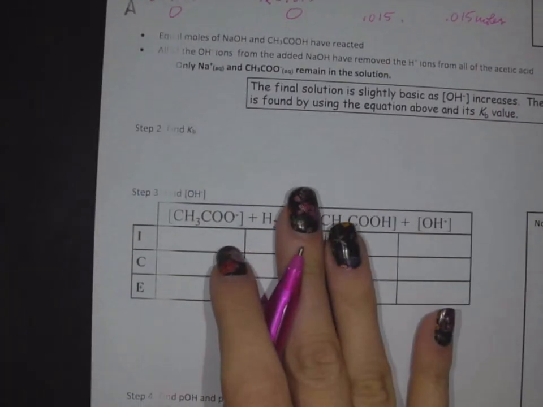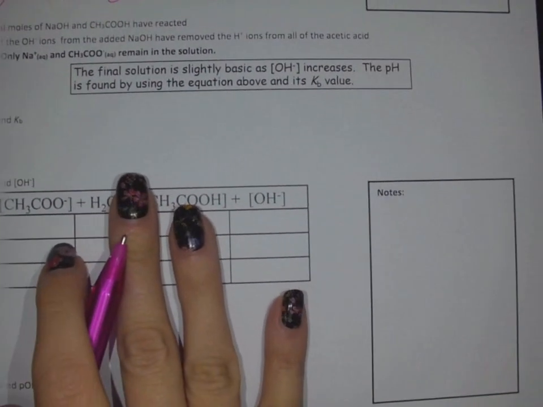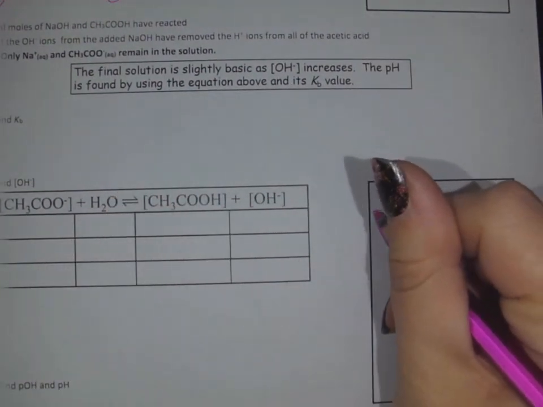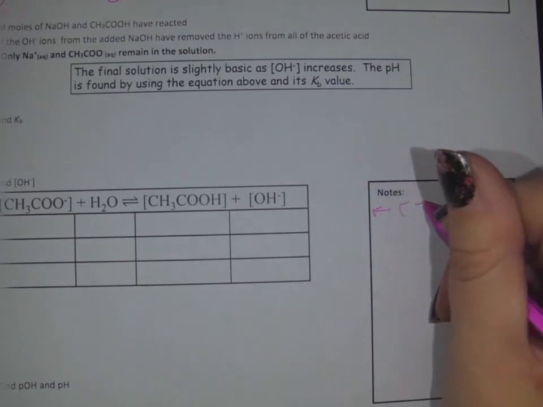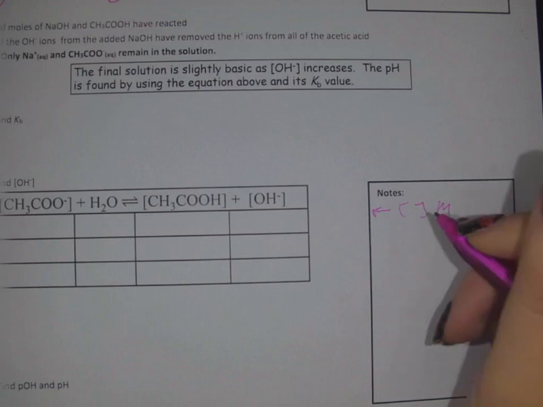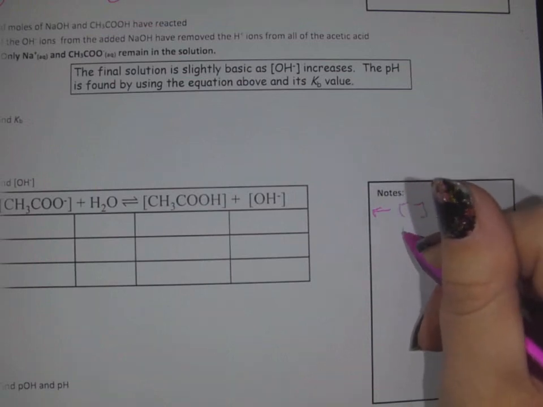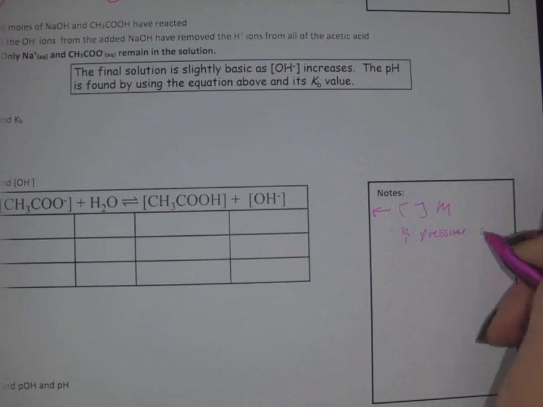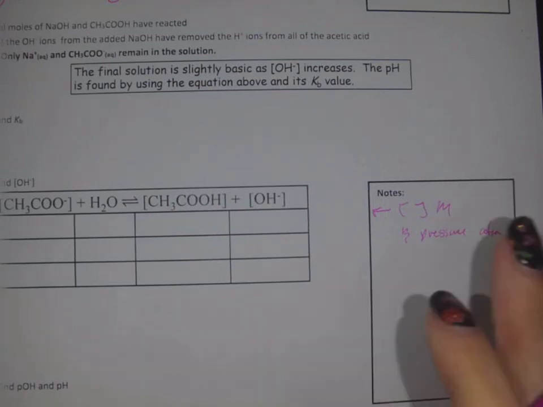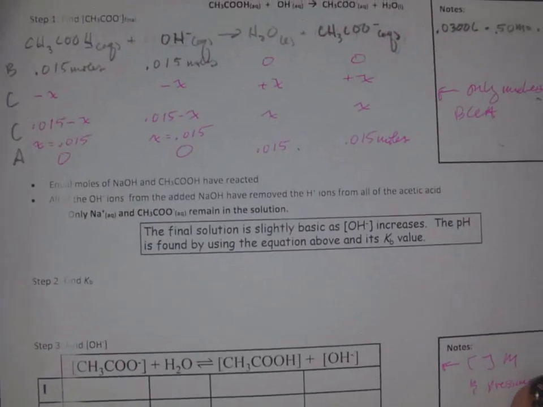Here in a little bit, we're going to do an ICE table, and in ICE tables, it's almost always concentration like molarity, but it can be pressure, atmospheres, torrs, those kinds of things. But in this situation, it's going to be molarity, moles per liter.